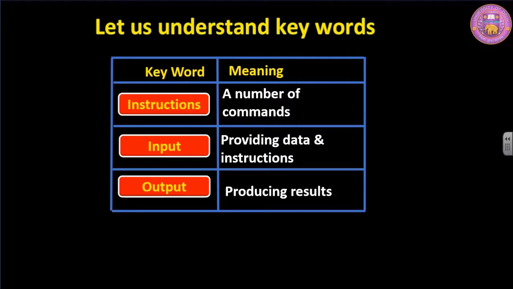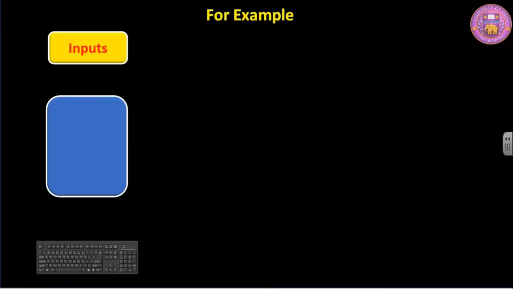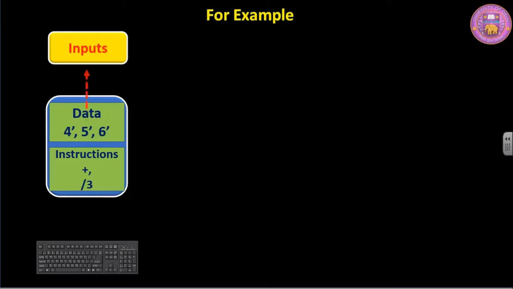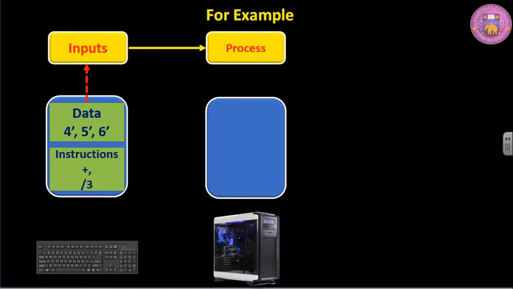After understanding these keywords, now we can understand the definition, but before that we would like to go for an example. With the help of keyboard, we give input of data: 4 feet, 5 feet and 6 feet. We give instructions. The first instruction is add and the second instruction is divide by 3. All these inputs go to the CPU for processing.